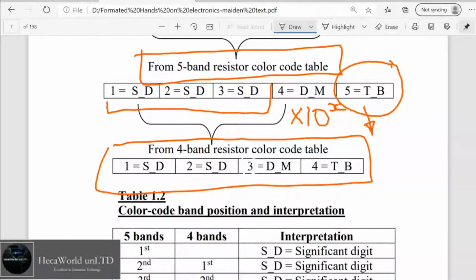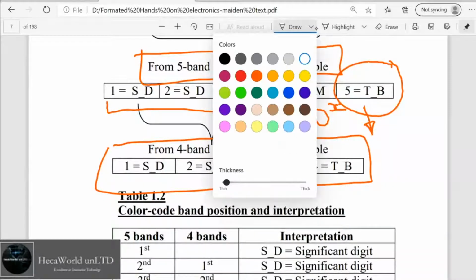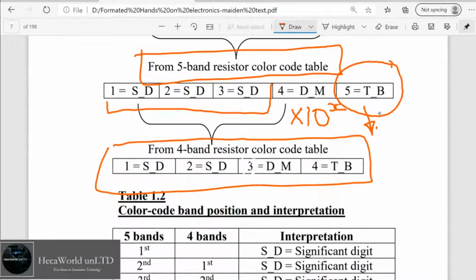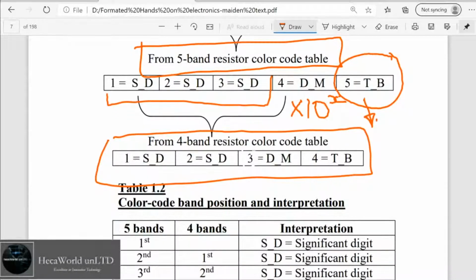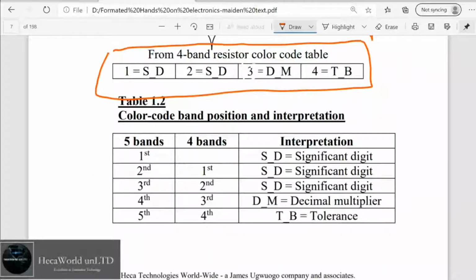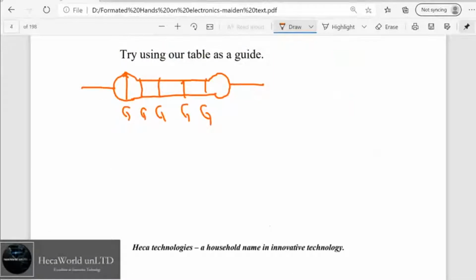The last band of each is the tolerance band. So this table simply summarizes what we have above. For 5 bands, you have first, second, and third significant. For 4 bands, it is first and second that are significant, then the tolerance of that resistor.